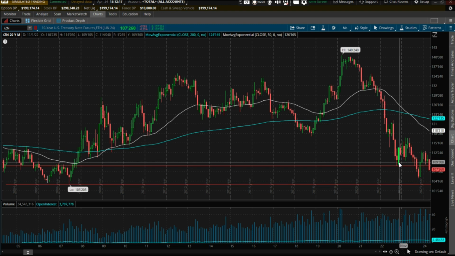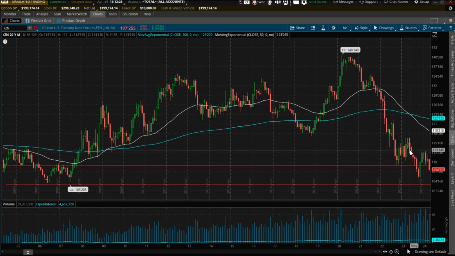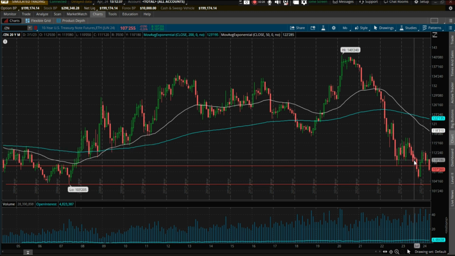And they said, well, maybe we ought to cut rates. And of course, the note went up some, and they went, okay, yeah, we're going to raise. And they did. They raised it 4 or 5%, and the note price dropped down a lot.